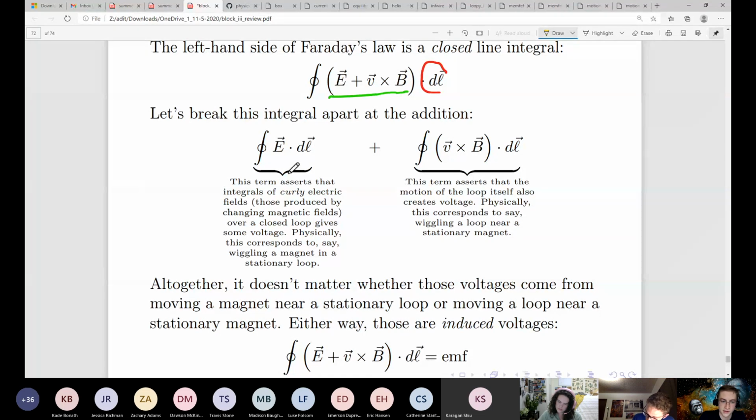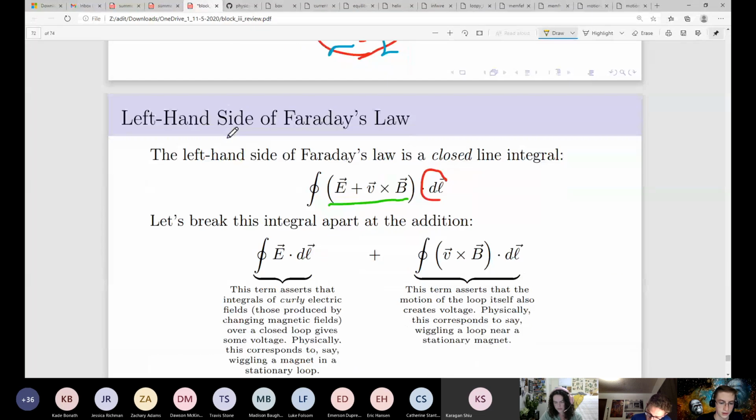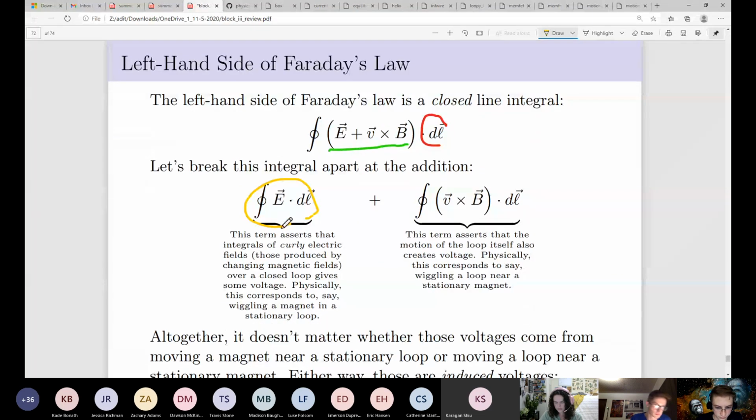Another word that you might hear is non-conservative, which means that the closed line integral of E dot dl is no longer zero. Physically, that would come about if we have a stationary loop that's not changing, and we're wiggling a magnet, that's creating a time varying B field, which is in turn creating a curly E field. Taking the integral of that curly E field along the closed boundary of the loop gives us some voltage.